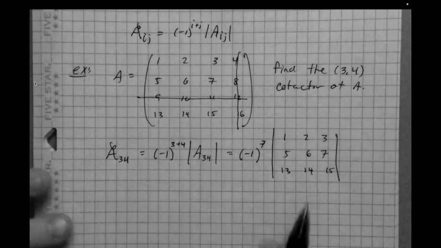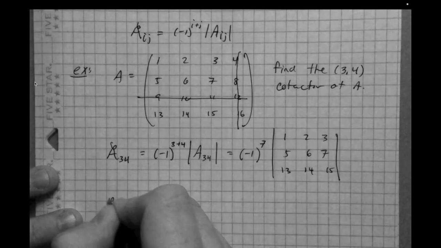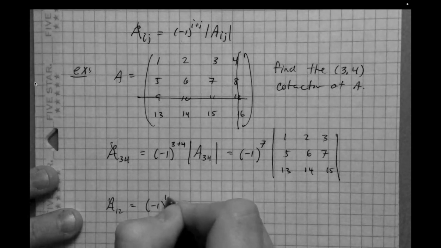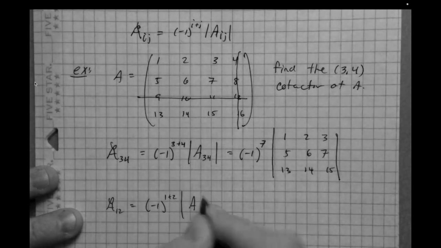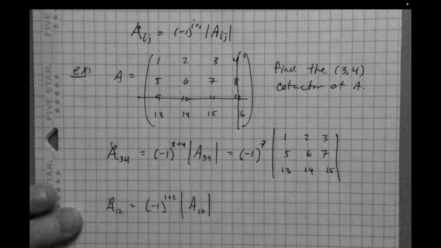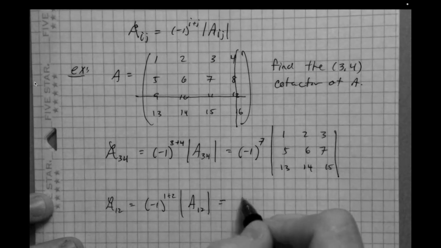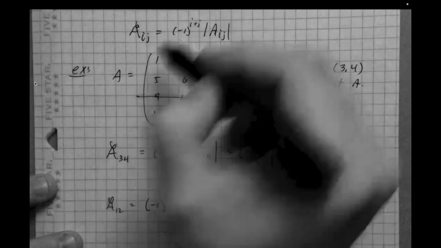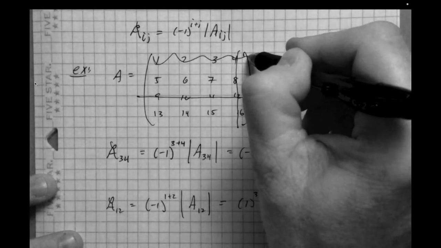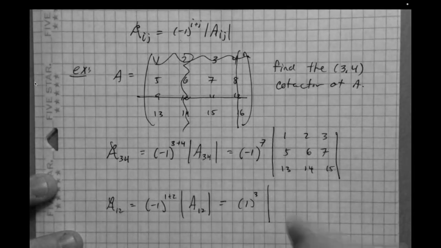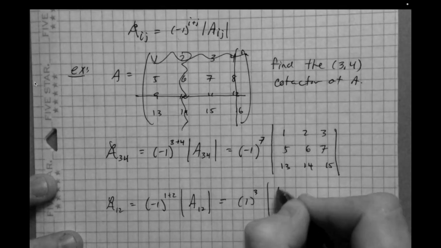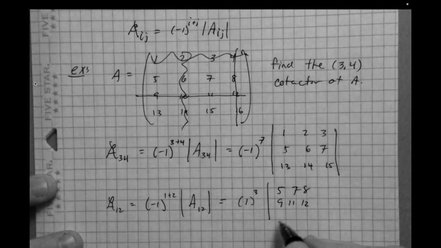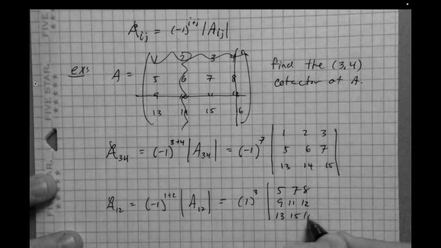What about the A12 cofactor? Well, that's -1 to the 1 plus 2 power times the determinant of the 1,2 submatrix. So that's -1 to the 3rd power. And then here we're going to cross out the first row, the second column. So I've got 5, 7, 8, 9, 11, 12, and then 13, 15, 16.